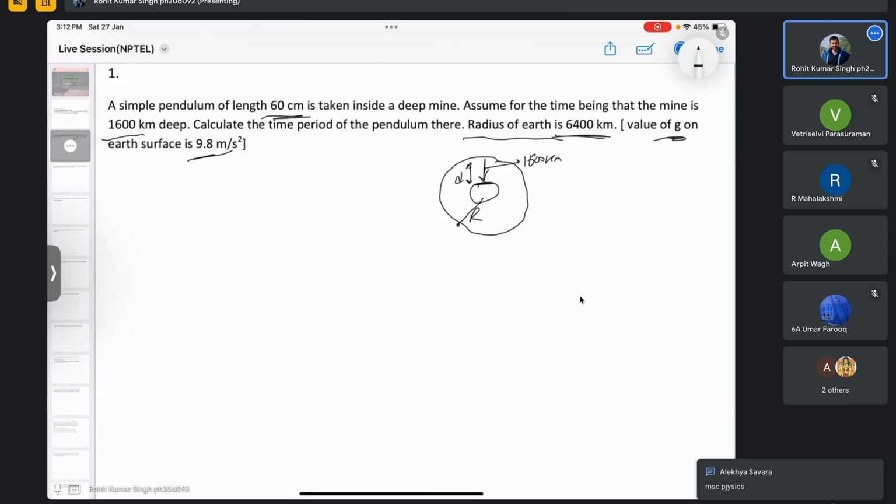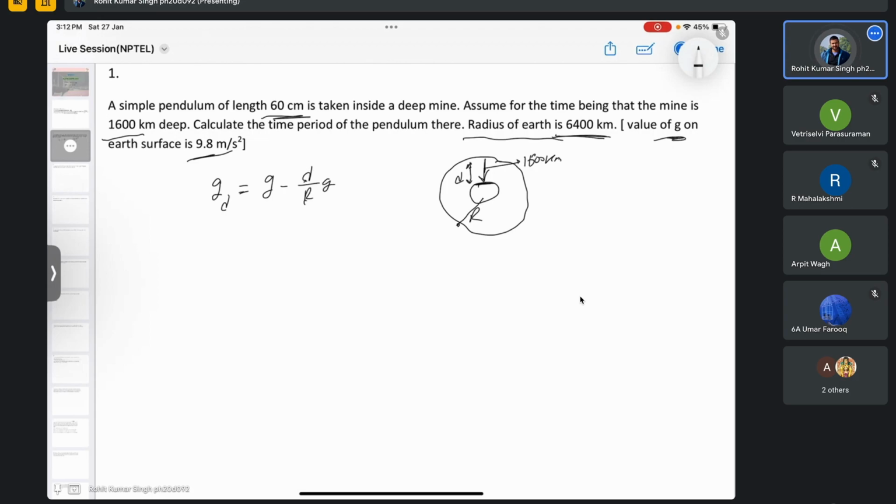Okay, nice. So you must remember there is this formula that the acceleration due to gravity depends on where you are measuring it on Earth.